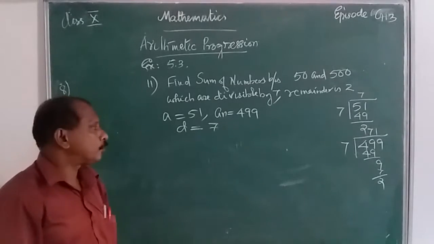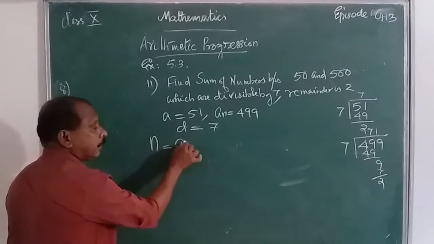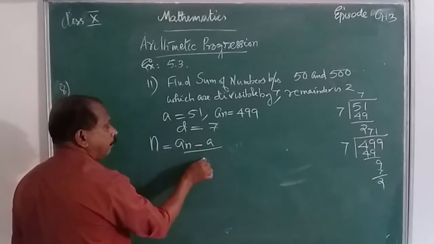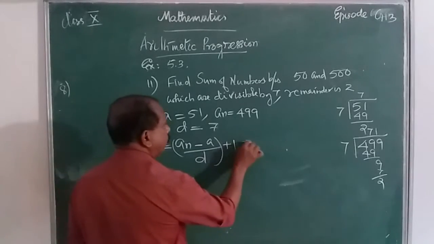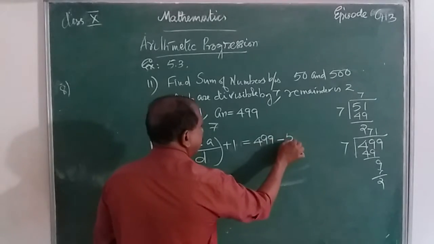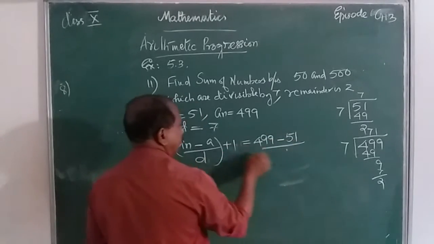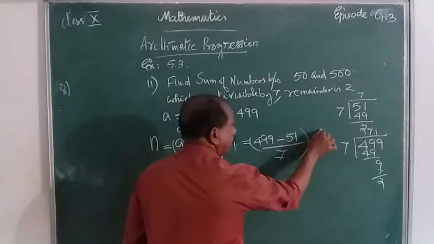The remainder is 2. Therefore, the number of terms is equal to what? (Last term minus first term) by common difference plus 1. Is equal to (last term 499 minus first term 51) by common difference 7, plus 1.